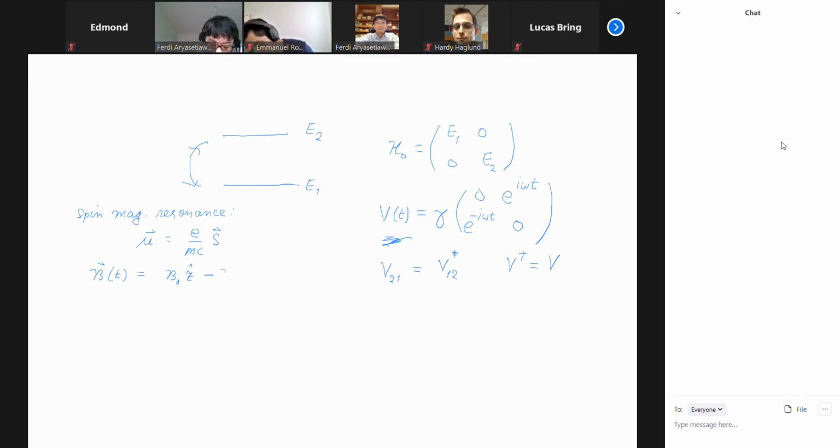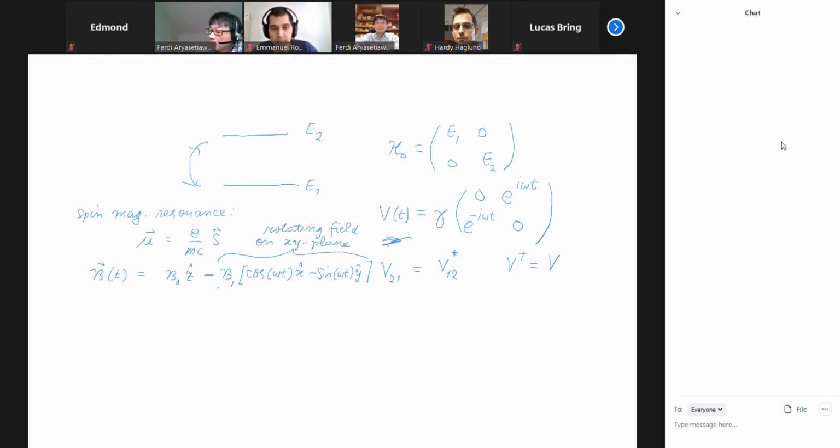And then we have a rotating field, with strength B1 on the xy plane: cosine omega t along x, and then minus sine omega t along y. So you can see that this is just a rotating field on the xy plane. So it's a harmonically rotating field.